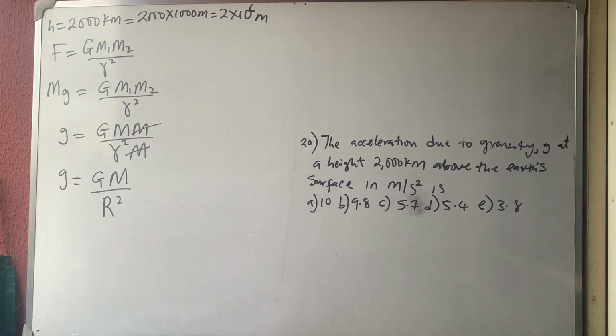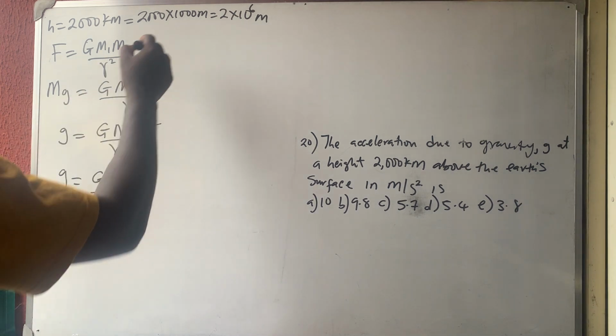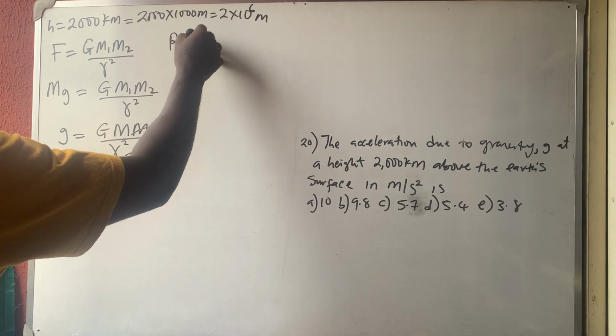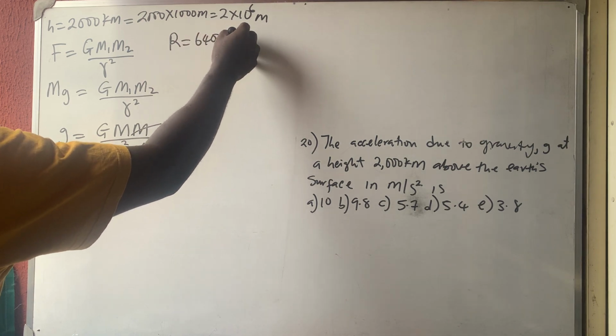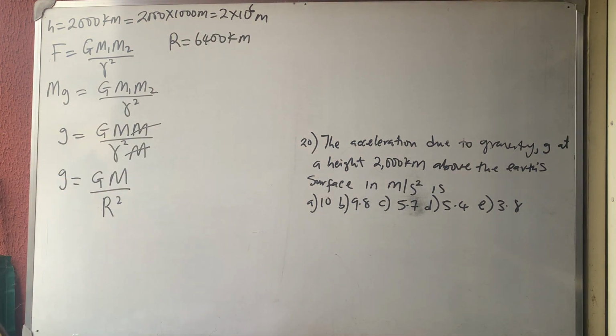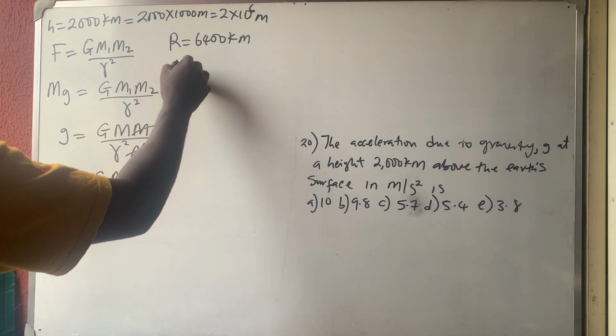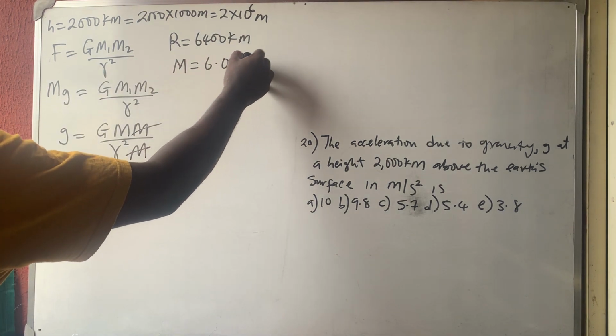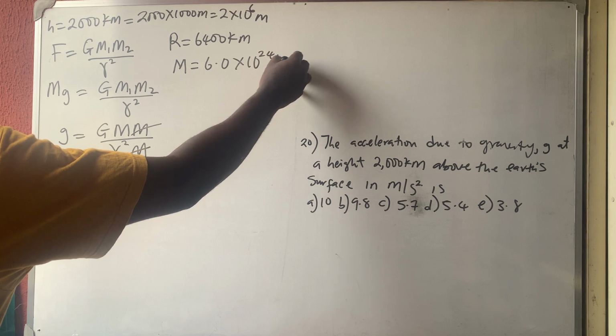So if I bring out all these things, first of all, the radius of the earth is 6,400 kilometer. Then the mass of the earth is 6.0 times 10 raised power 24 kilogram.